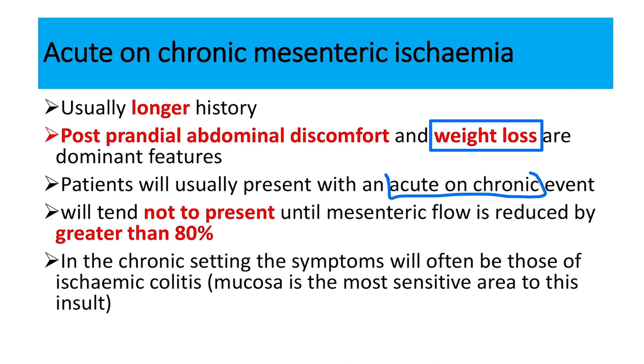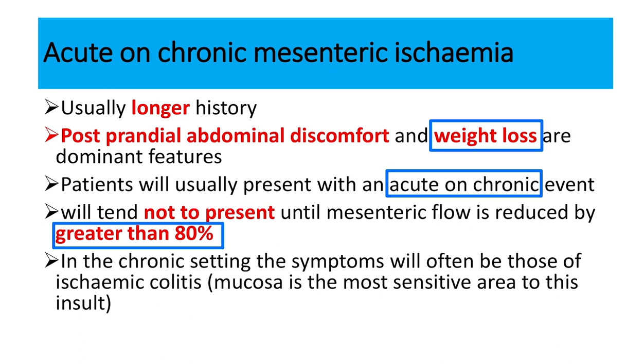It is another point: an acute on chronic event. There is a chronic history, but they also develop an acute condition. They tend not to present until mesenteric flow is reduced by greater than 80%. So the mesenteric artery is gradually narrowing, but symptoms are present only when the blockage is more than 80%.